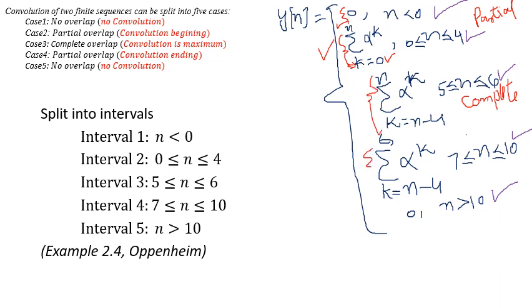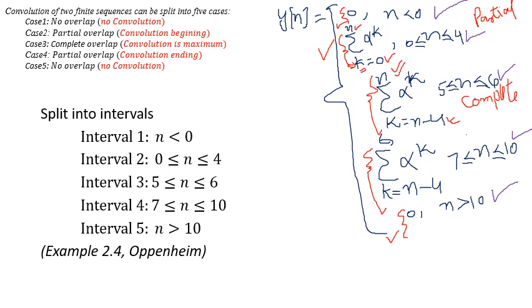Then again we have the fourth interval, which has partial overlap, and then the fifth interval, which has zero overlap. In the first partial overlap, the lower limit is fixed and the upper limit is variable. In the complete overlap, both the lower limit and the upper limit are variable.